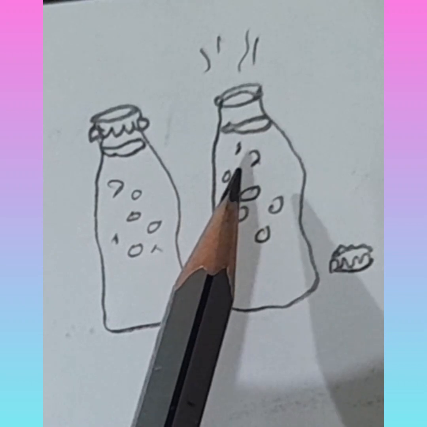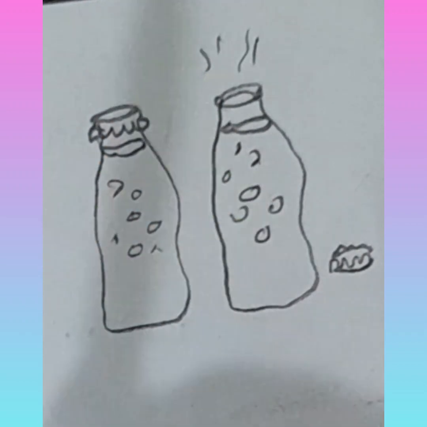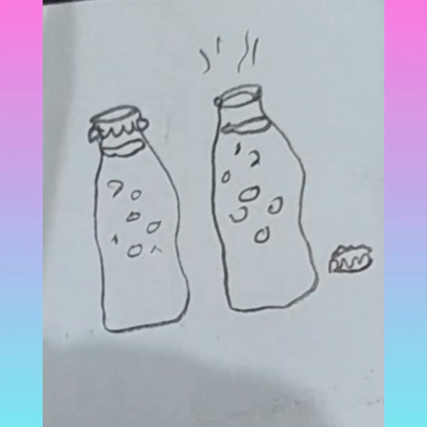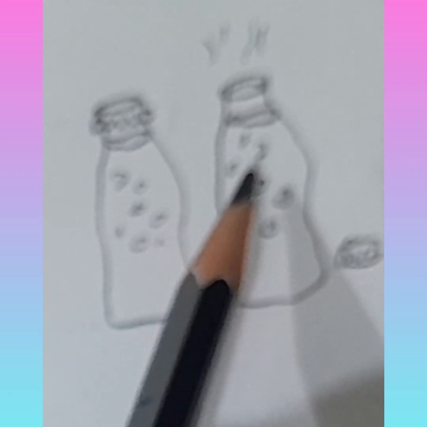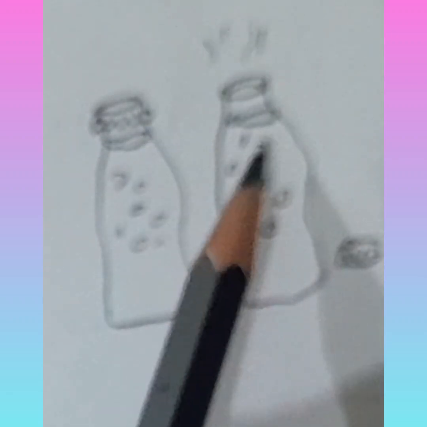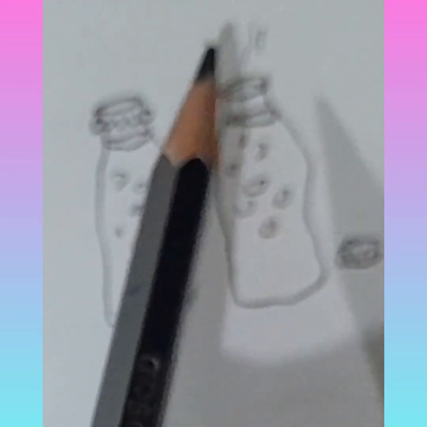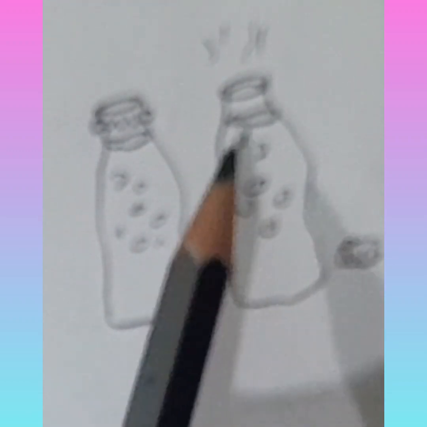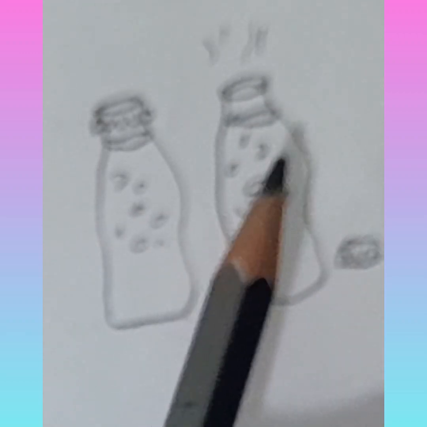Now, I want effervescence to come out again. What do I do? I just take the bottle and shake it thoroughly. On doing that, we again see some effervescence coming out. Why does it come out? It comes out owing to friction generated when I'm shaking the bottle.